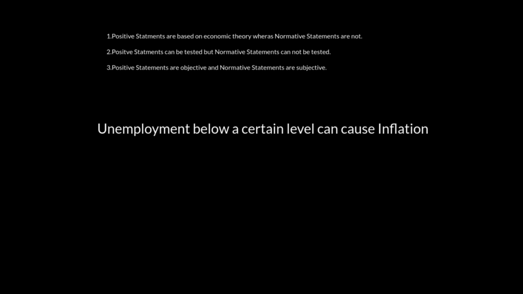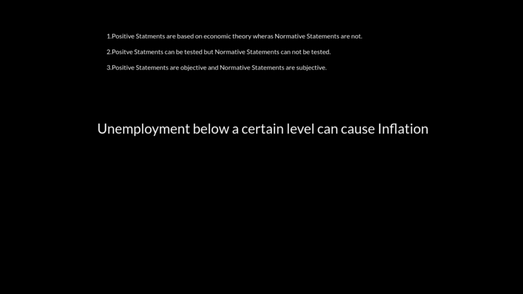So in this case, we can test this value because we can quantify unemployment as a value as well as inflation. So both of these concepts have values assigned to them. For example, we can say that unemployment is 5% in a certain economy and inflation is 13% in that economy. So since we can use values, we can test these values as well.